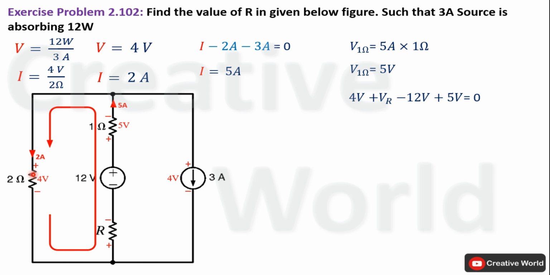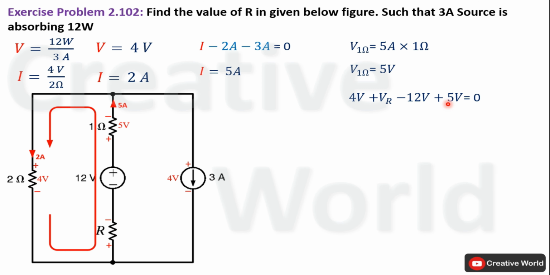Current entering terminal is positive, so 4 volt will be taken with positive sign. Next, current entering terminal is positive, so the voltage across resistance R will be taken with positive sign. Next, current entering terminal is negative, so 12 volt will be taken with negative sign. Next, current entering terminal is positive, so 5 volt will be taken with positive sign.